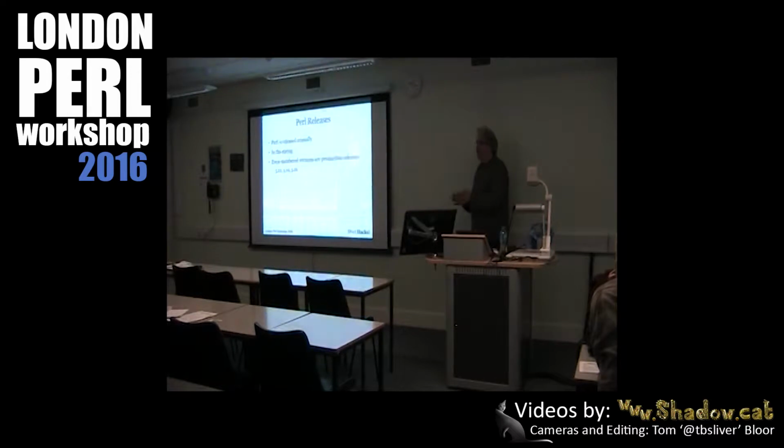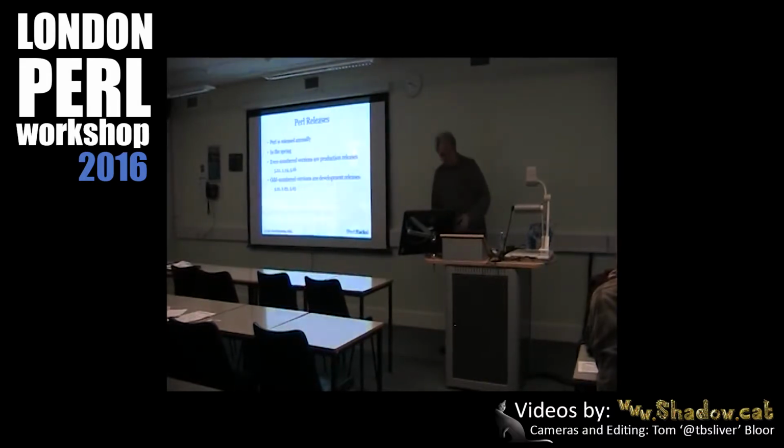Those are the versions that you should be running on your systems. Odd number versions are the development releases. They aren't guaranteed to be stable, so you really don't want to put them anywhere near your production system. So that's 5.21, 23, 25, etc.